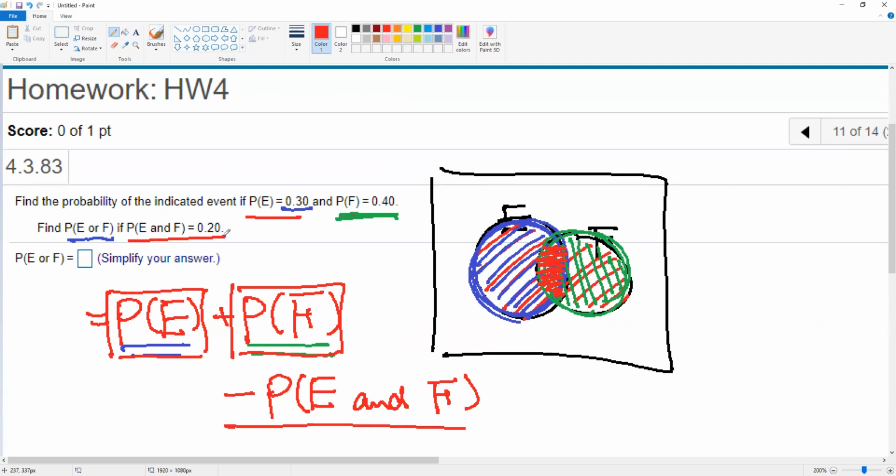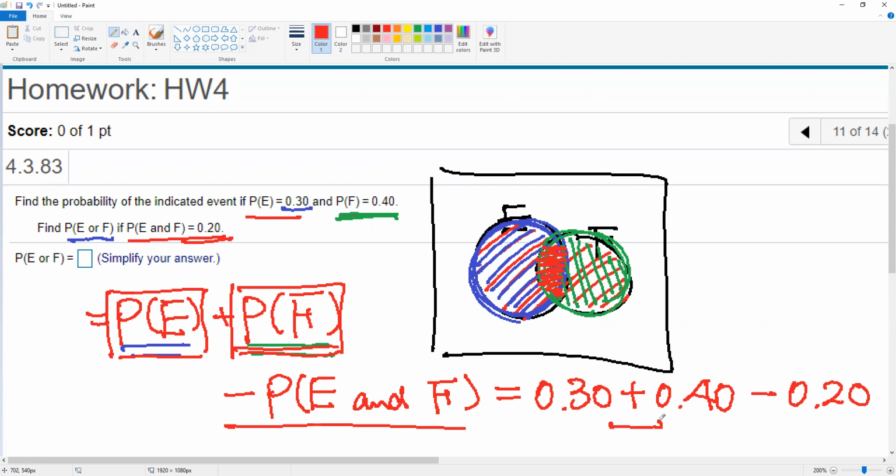So I just plugged in probability of E, 0.30, probability of F, 0.40, minus E and F, which was 0.20. So it's 0.5. The final probability of E or F is 0.5.